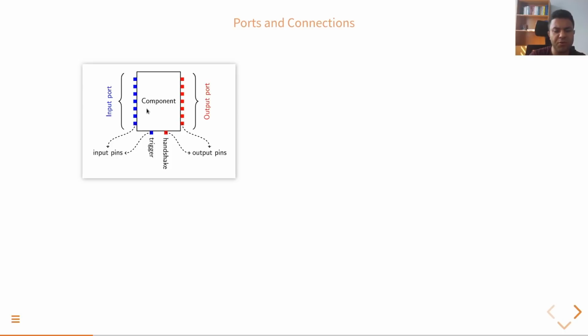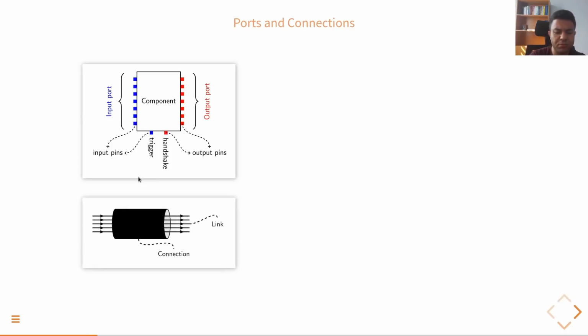In addition to the input and output ports, the component has two special pins: trigger and handshake pins. These special pins are used for signal purposes between the task manager of the simulation and the component during the simulation. The data is processed by the components and transferred to the other components via connections.